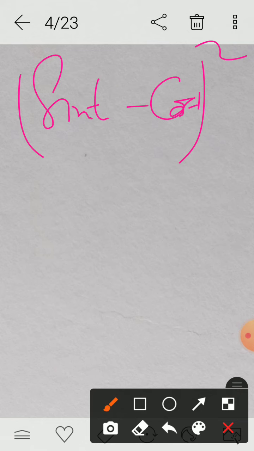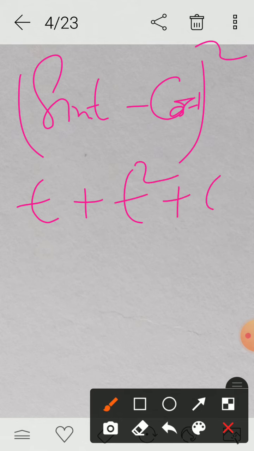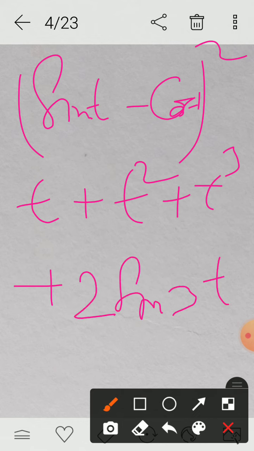Another question is t plus t^2 plus t^3 plus 2 sin 3t. Such types of questions we can solve with the help of the linearity property of Laplace transform.